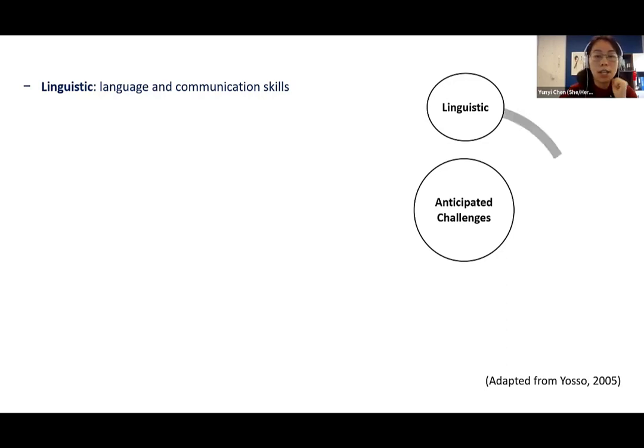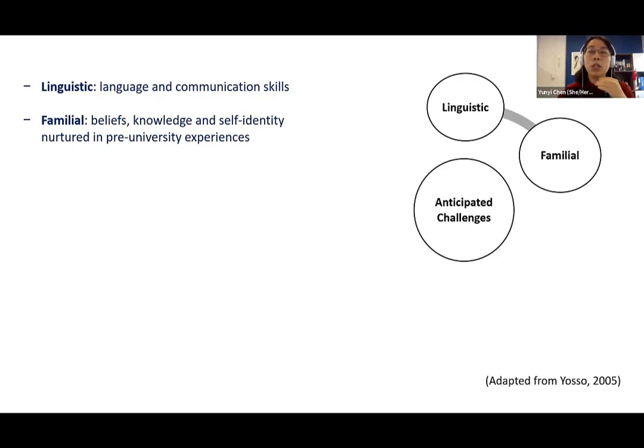The second challenge is the familial challenge, which is related to the beliefs, worldviews, knowledge, and self-identity our students nurtured in their pre-Queen's experience that may become blockers in their learning process. So we will talk a bit more about this later in the session.